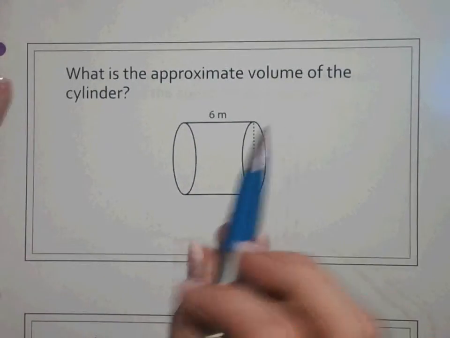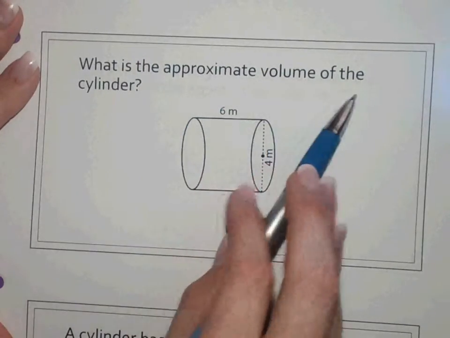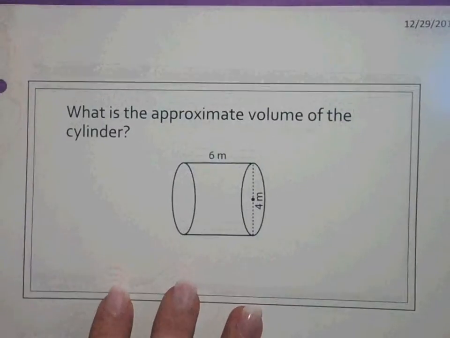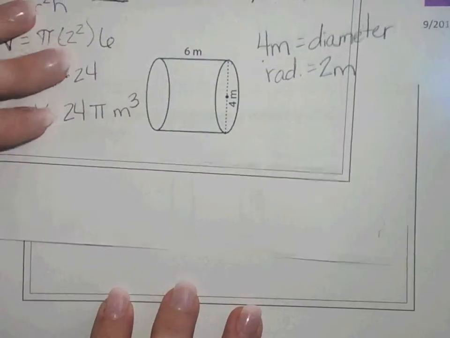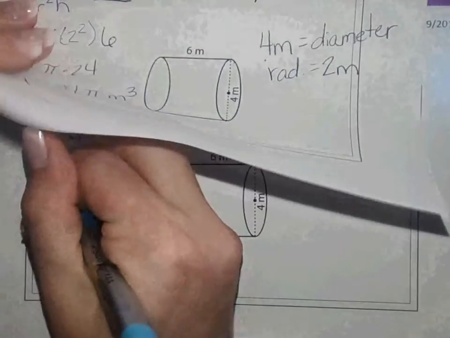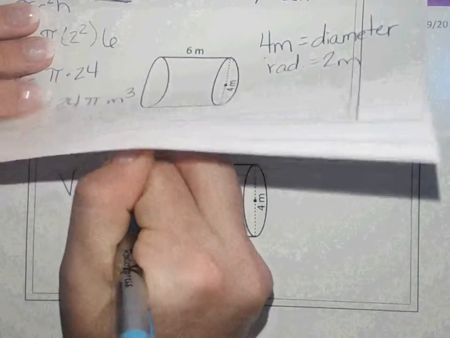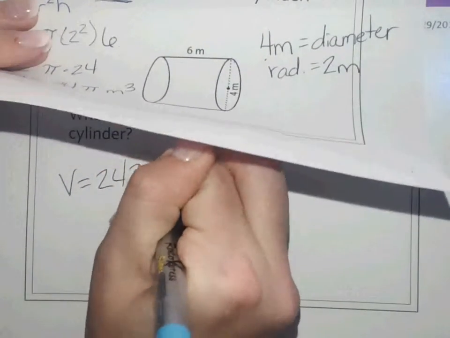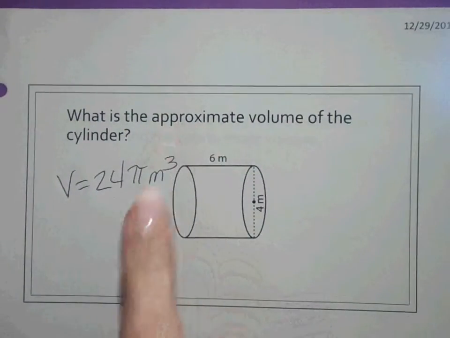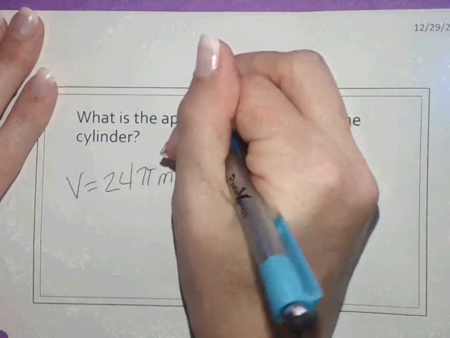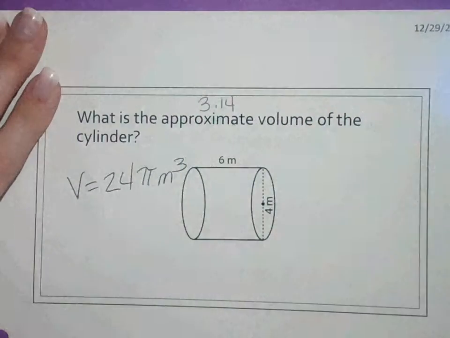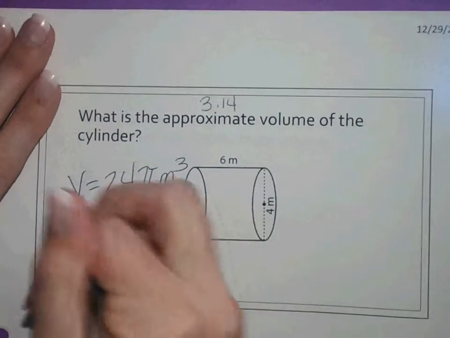Okay, so what about this? What is the approximate volume of the cylinder? If you'll notice, this is the same one we just did. Okay, and we said the volume equaled 24 pi meters cubed. So if we're looking for the approximate, that means instead of pi, we're going to replace that with 3.14.